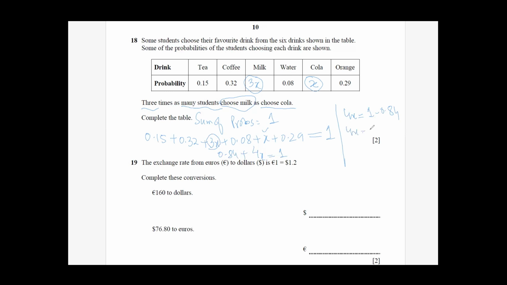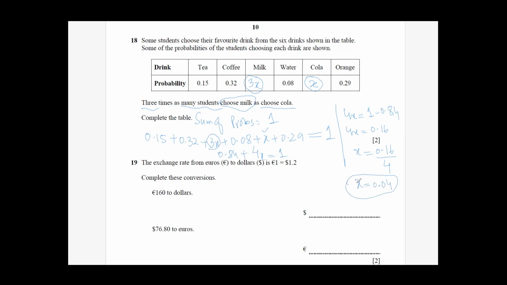So 4x is equal to 0.16, and the value of x is going to be 0.16 divided by 4. 4 was being multiplied with x. When it got shifted to the other side of the equality, it got divided. So the value of x is going to be 0.04.